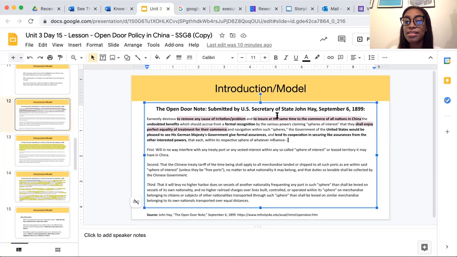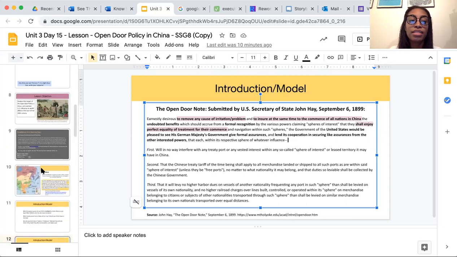So here, this is very verbose. So you want to cut to the point, really, right? And here, if we look at the highlights: to remove any cause of irritation or problem, to ensure at the same time the commerce of all nations in China.